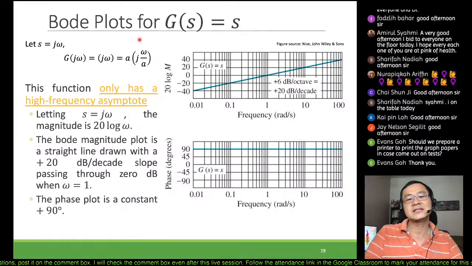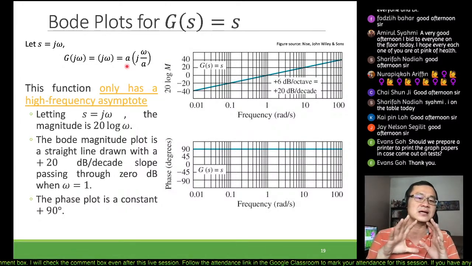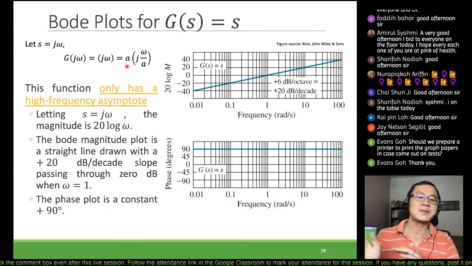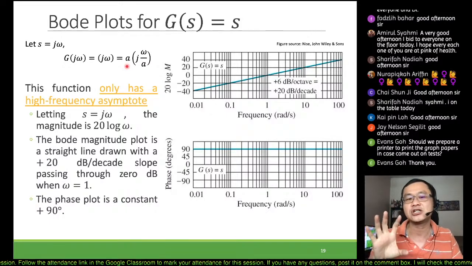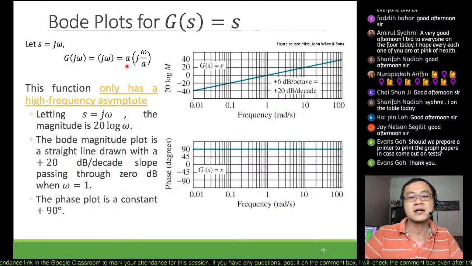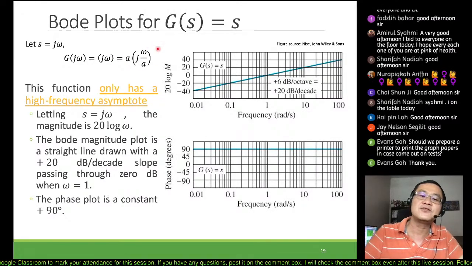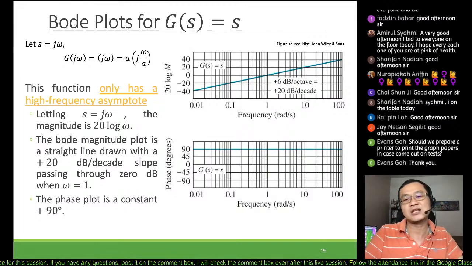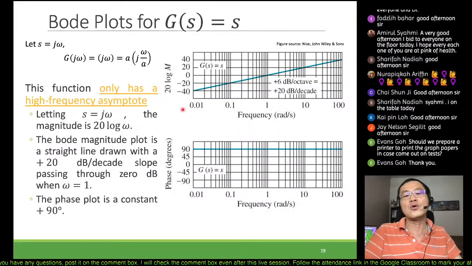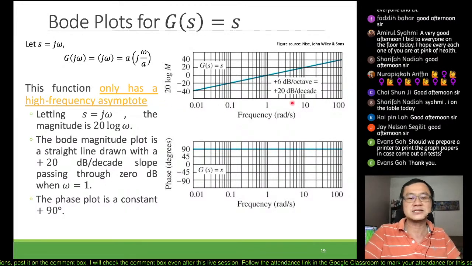Remember, this represents the high frequency part, because it is controlled by the omega change, and it will affect the whole thing, right? So it only has the high frequency asymptote. Therefore in that case, we just plot a straight line throughout the whole range of the frequency.